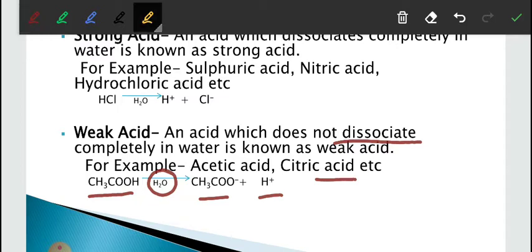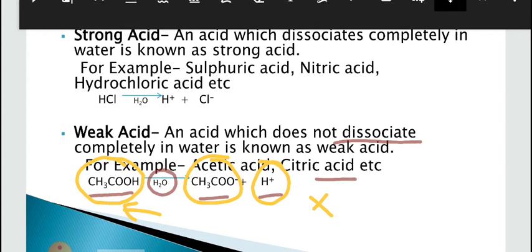In this reaction, you can see very clearly the number of hydrogen atoms on the reactant side is 4, but on the product side only one hydrogen is liberated. The other one is acetate ion, meaning the number of hydrogen ions liberated by the acetic acid is not the same. So it is a weak acid because it does not dissociate completely in the solution.